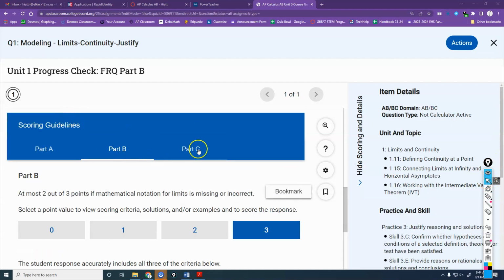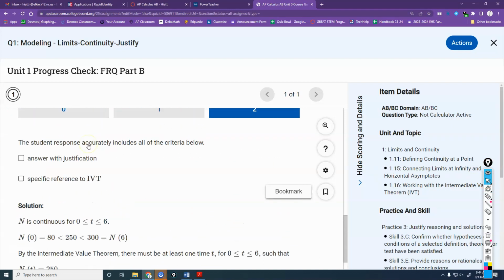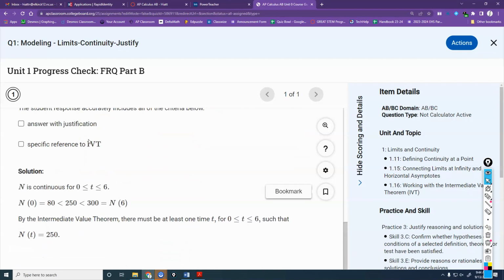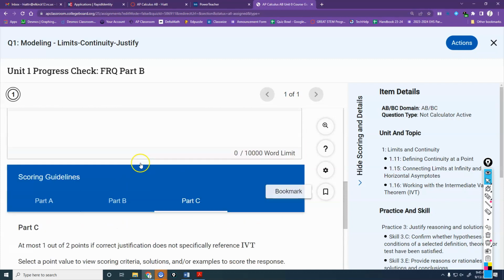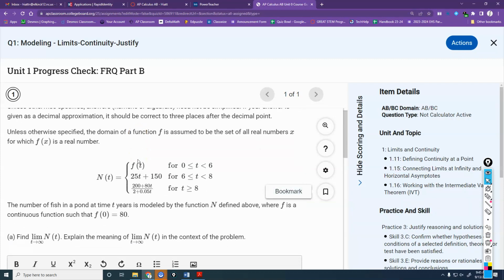And then if we go up here, this is an intermediate value theorem problem. So you must first say N is continuous from 0 to 6. Liam said N is continuous for all real numbers. And that is true because you're continuous at 8. Well, is it true? Oh, it might not be true.